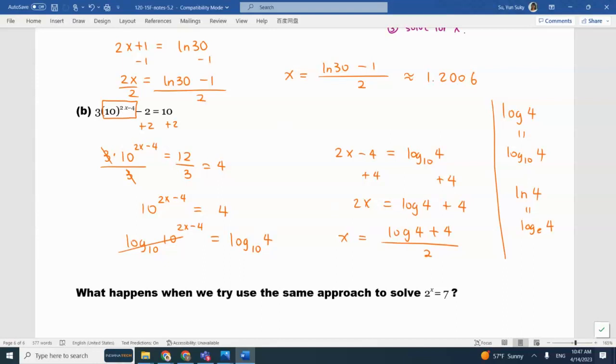Plus 4, and then divided by 2. Oh, don't forget the parentheses there. You need to close the parentheses before you go on. 2.301. Do you get 2.301? Okay, so we get 2.301. So that's the answer.